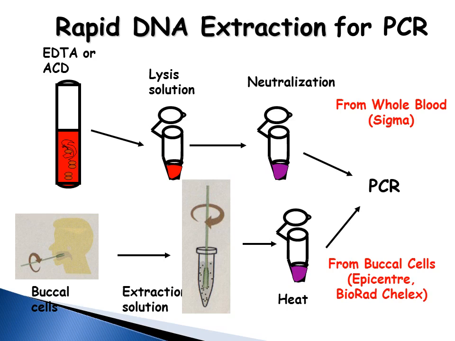You're going to take your cells, lyse them open, neutralize them, and set up a PCR. You can take any type of cells, whether it's blood or a buccal cheek swab. You're going to lyse open those cells in some way. If it's buccal cells, you're going to heat that specimen, and then do your amplification technique on it.